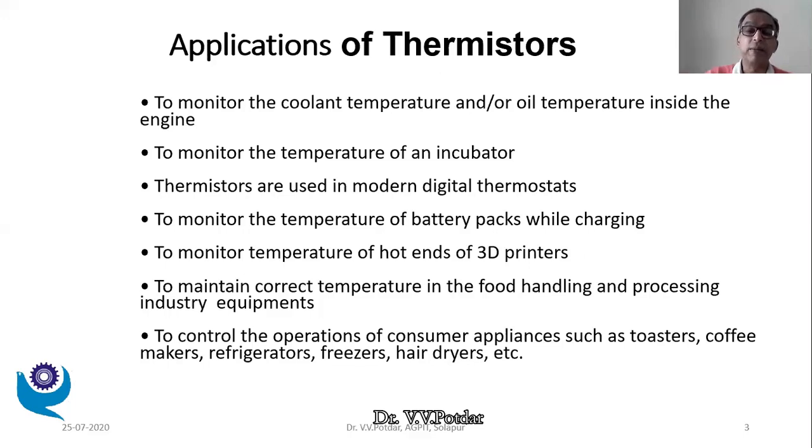So there also maintenance of temperature is very important. To control operations of consumer appliances such as toasters, refrigerators, freezers, hair dryers, even irons, we can use thermistors. So these are the few application areas we have identified. Likewise, you'll find many application areas of thermistors.